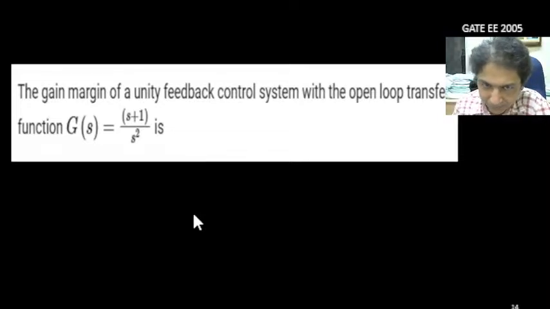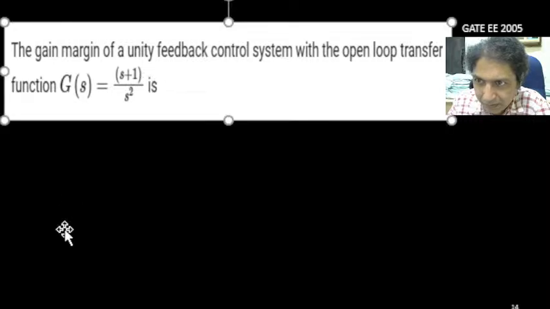It's infinity. So how is it infinity? Okay, so it's good. It could be infinite.